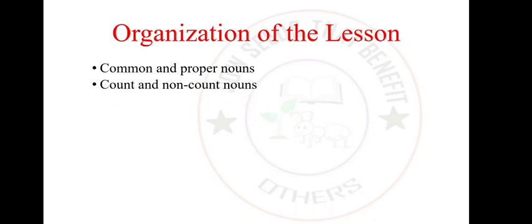Then we move on to count and non-count nouns, whilst concrete and abstract nouns follow. We will finalize everything with a summary. After everything, we will summarize all that we've learned and see what to do next.